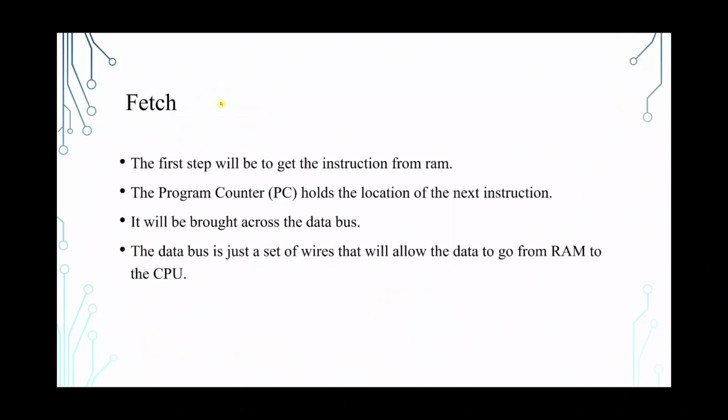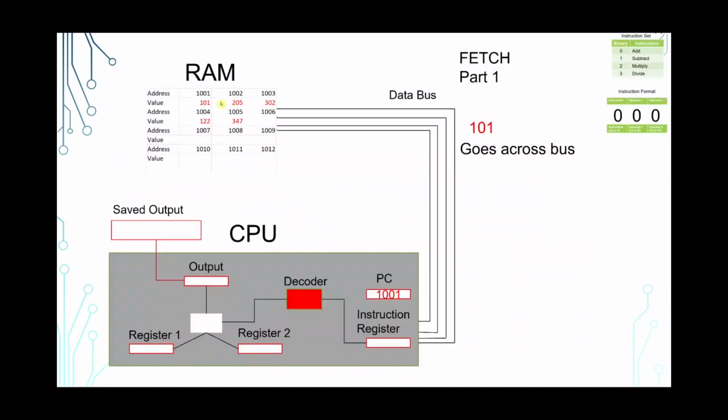So the first fetch step will be to get the instructions from RAM. The program counter holds the location of the next instruction. It will be brought across the data bus. The data bus is just a set of wires that allows the data to go from RAM to the CPU. So we are getting the value in 101, which is this.